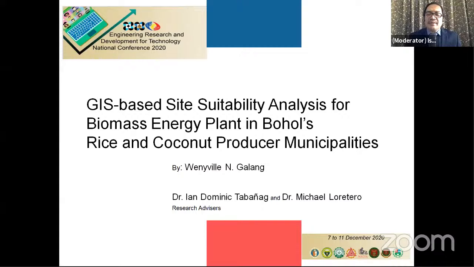For example, if it is rice hull, then your plant must not be near the production area or the farms, but it must be near the rice mill, because that is where you get the rice husk for the plant. So again, what is the biomass being considered in your study?